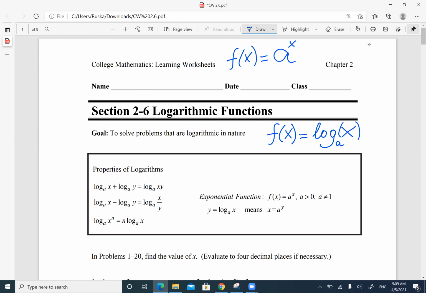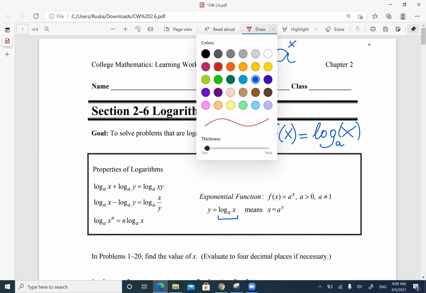Now, you don't know what a logarithm is, so let me explain the logarithmic function. The logarithmic function gives you the exponent for the base to get x. Logarithm with base a of x means: a with what exponent is x. Let me give you an example.